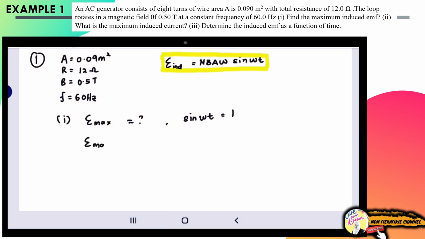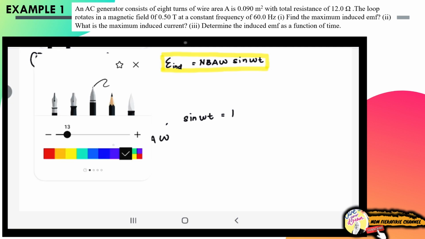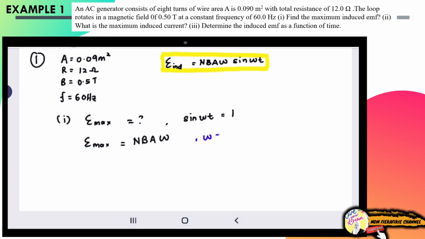Therefore, the maximum induced EMF is equal to NBA omega. From here, we can substitute all the values given in the question, but we don't have the value of omega, right? But we know that omega is equal to 2 pi f. So from the frequency, we can find omega, where omega is equal to 2 pi f.